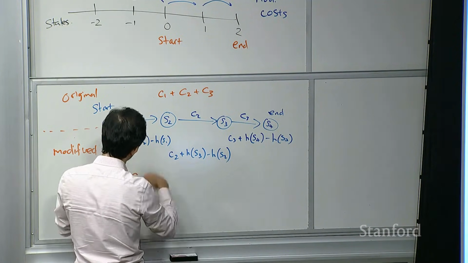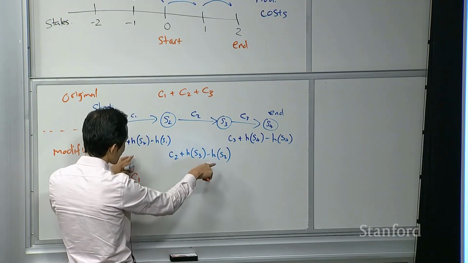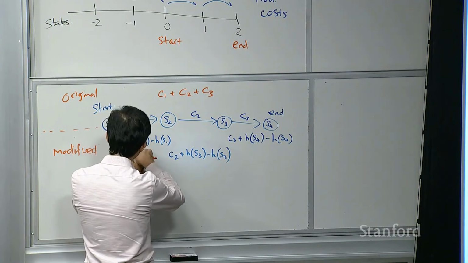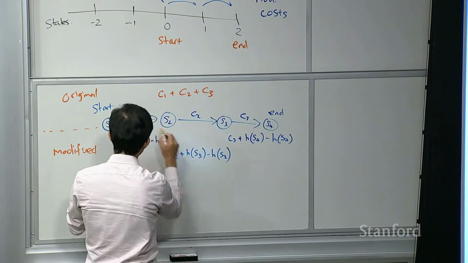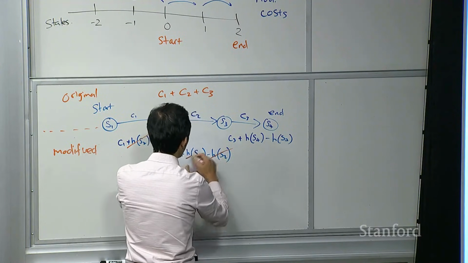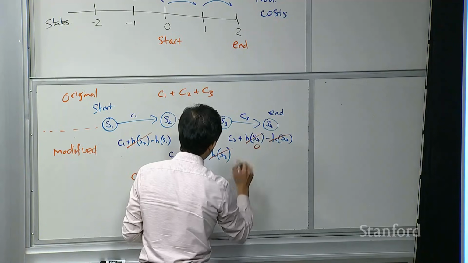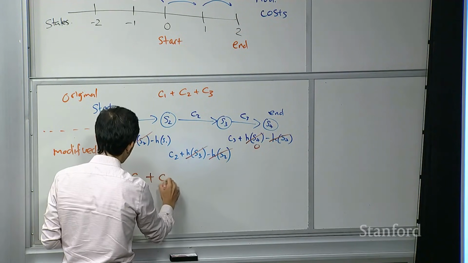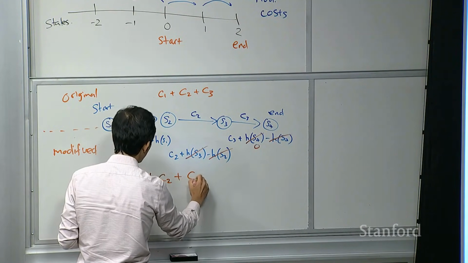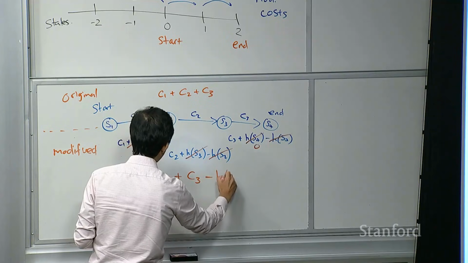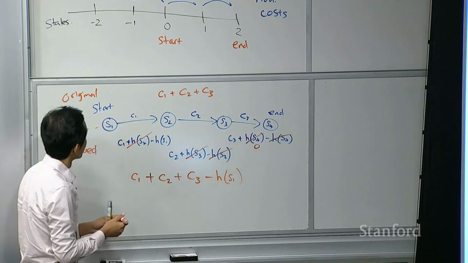The thing to notice is that there's telescoping sums, which means you're adding H2 and you're subtracting H2. You're adding H3 and you're subtracting H3. And H4 is 0. So what you end up with is C1 plus C2 plus C3 minus H of S1.